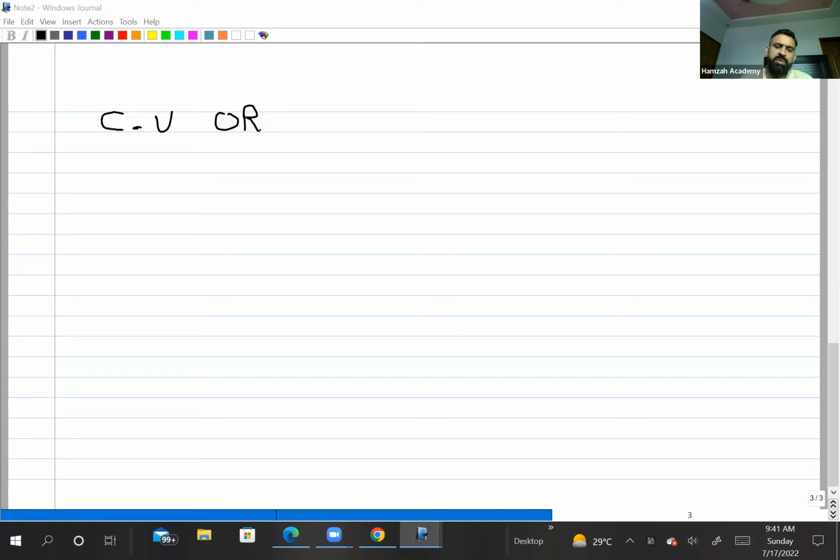Why I'm saying non-bearer plant? Because they will give us a product once in their life. To get the benefit from such plants, we have to harvest these plants. So to get the rice, we have to harvest the rice. To get the wheat, we have to harvest the crop of the wheat. So these are by nature non-bearer.